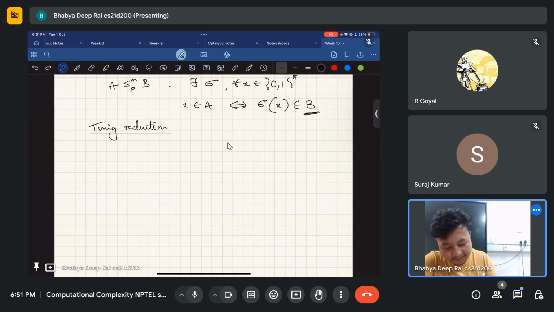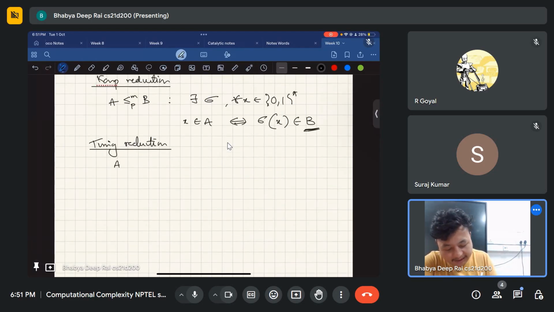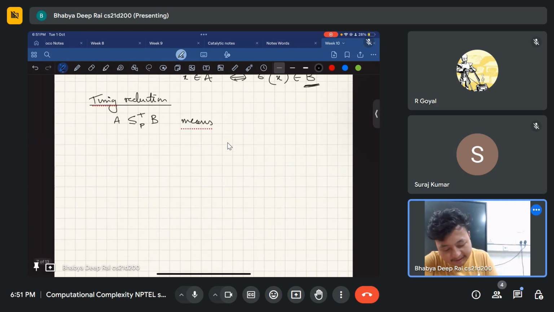So A Turing polynomial time reduces to B means that A given access to B is in P.